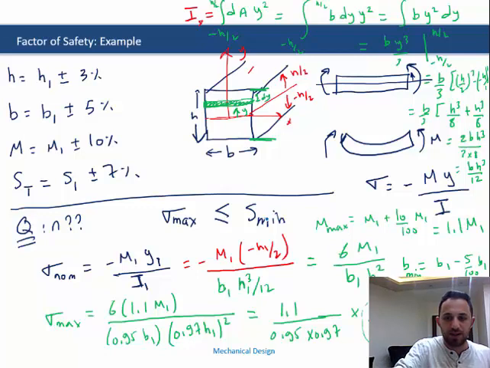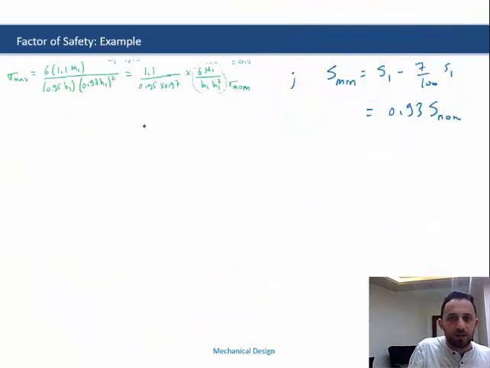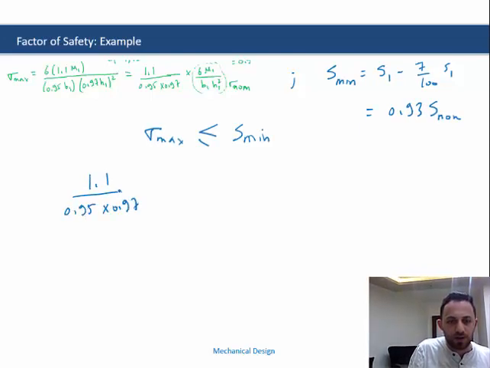Sigma max must be less than the strength. Sigma max must be less than or equal to S minimum. Sigma max is equal to 1.1 over 0.95, 0.97, this is square. You have square.